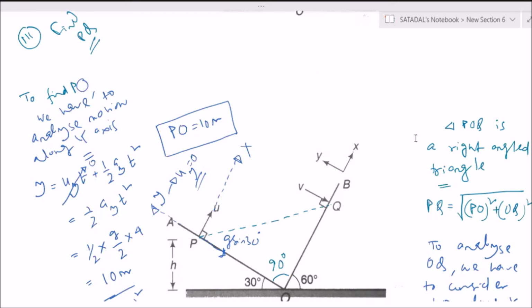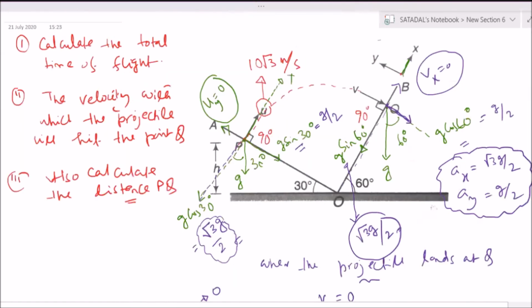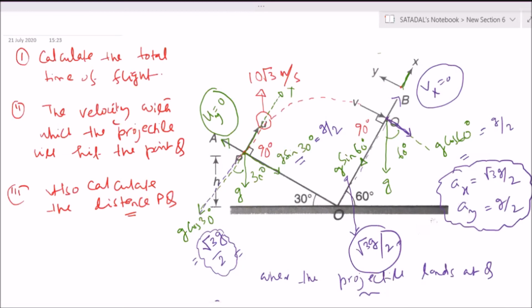Any other doubt, please? No other doubt? So we'll just scroll up a little bit. You make a quick revision of this entire thing.